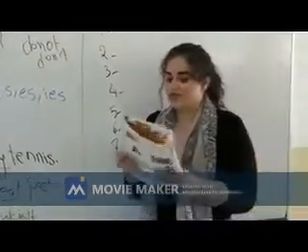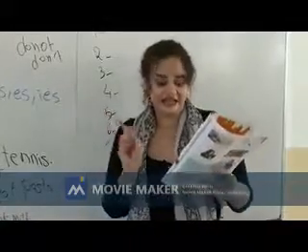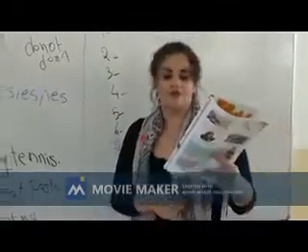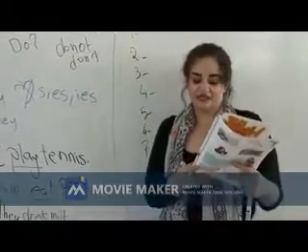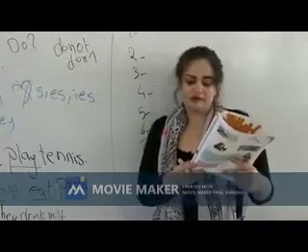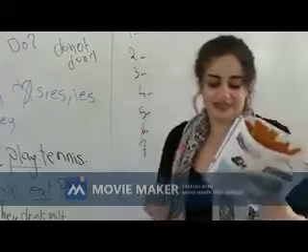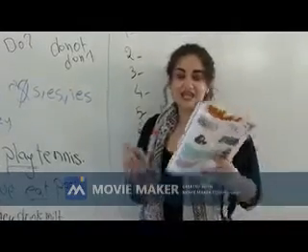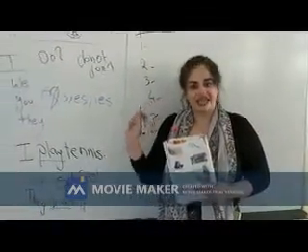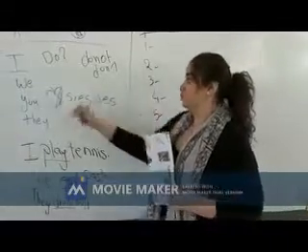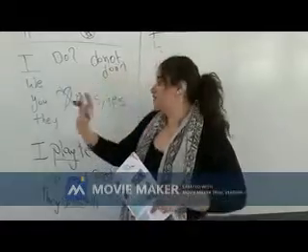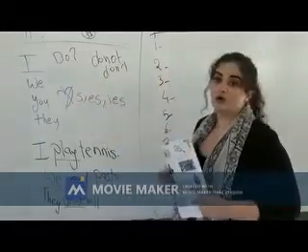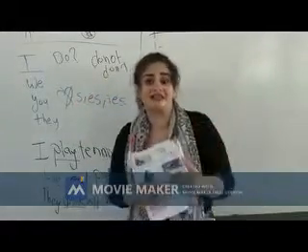Okay, so as you can see in the title again, complete with the present simple of the verbs in brackets. Tina and Mary are sisters, but also best friends. When they, as Miss Madden told you, I, we, you, they don't have S or ES or IES. I just put the verb as it is.